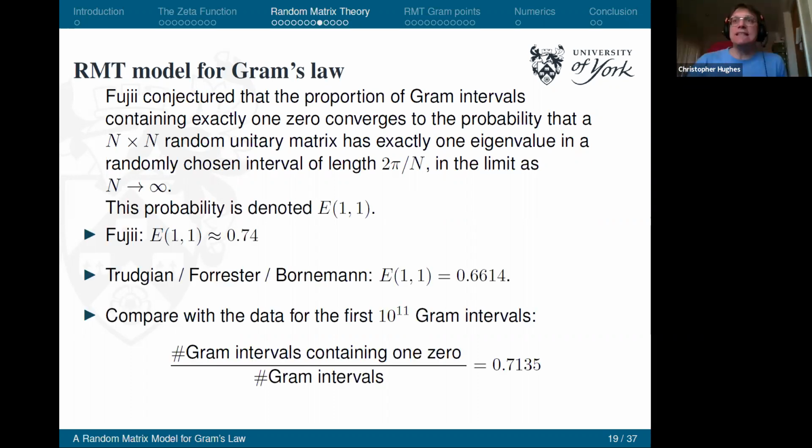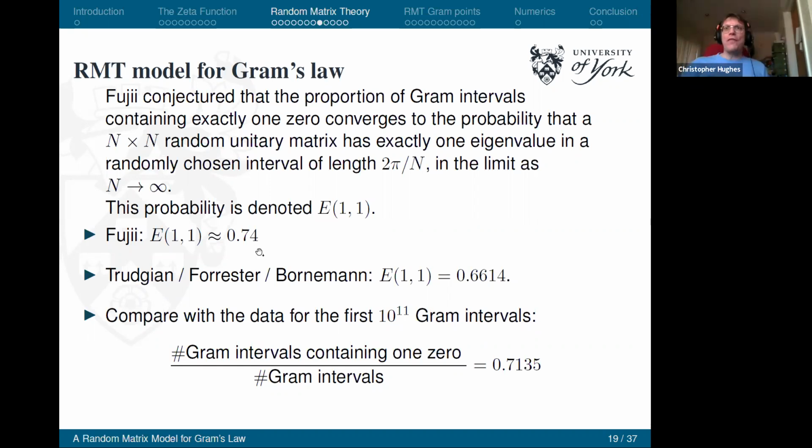So this probability on the random matrix side is denoted by E(1,1). This one says this is the number of zeros I want, and this one denotes the length of the interval. So in scaled world, this interval has length 1. Now, in his paper, Fujii said it's roughly 0.74. It's not quite right.